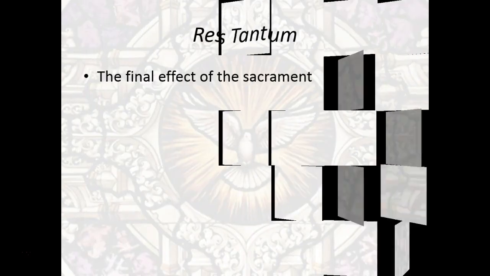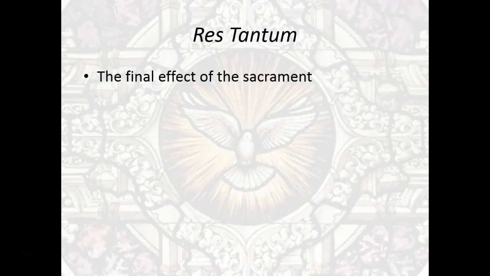That leads to ultimately the res tantum. In Latin, res means thing or reality. You'll remember this if you remember all the way back to Augustine. He was the one who gave us in sacraments the distinction between signum and res. This is basically the same thing, sign and reality. Remember, for Augustine, to really be a sacrament, you had to have an outward sign, signum, of an inward invisible reality, res.